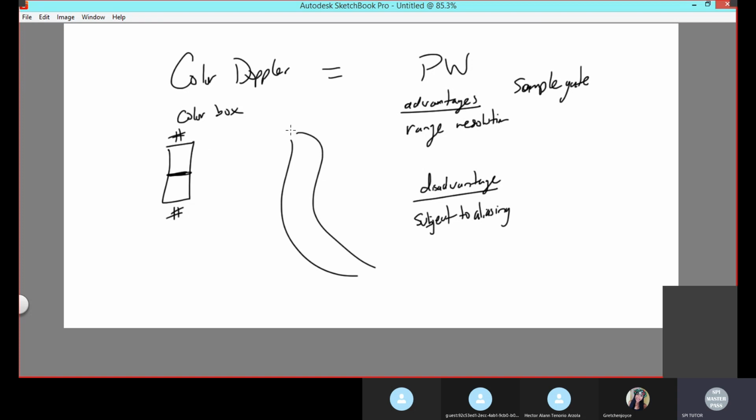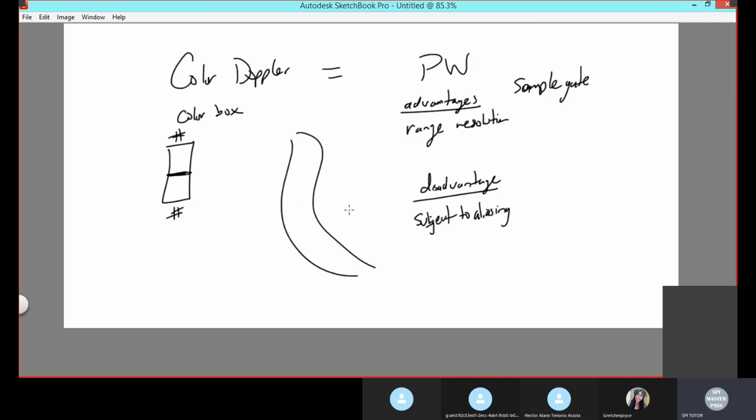But what you do is you put a color box here, color box here, color box here. You can put the color box on the whole thing, but let's just say like this. You're going section by section. And once you do that, you'll see, oh, this area right here gives me aliasing in color.